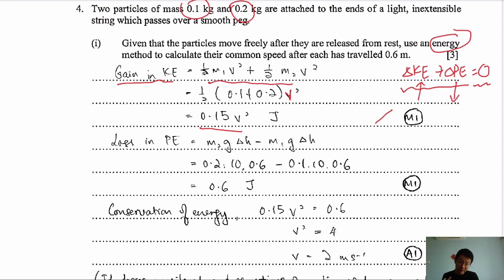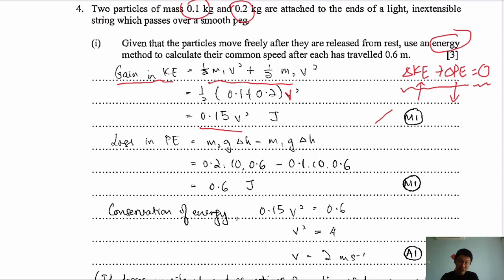When this system is released, we expect the 0.2 kg particle to go down, so that is a loss in PE. The 0.1 kg particle will go up, so there will be a gain in PE.